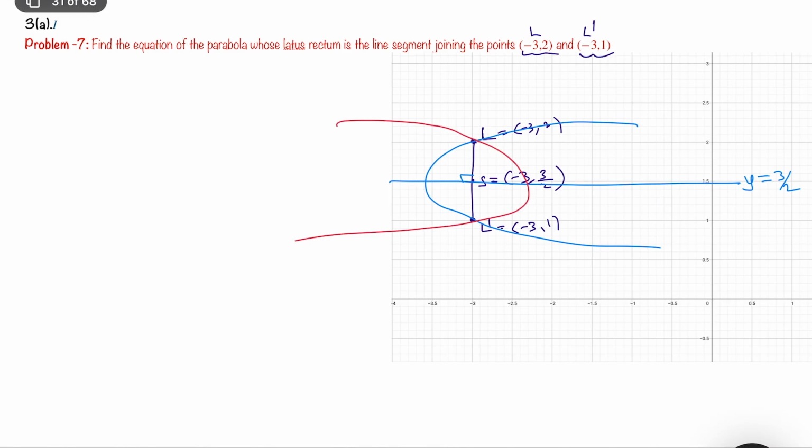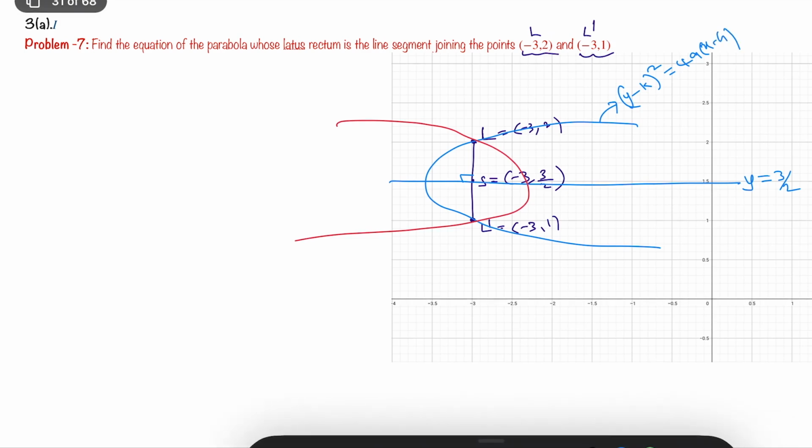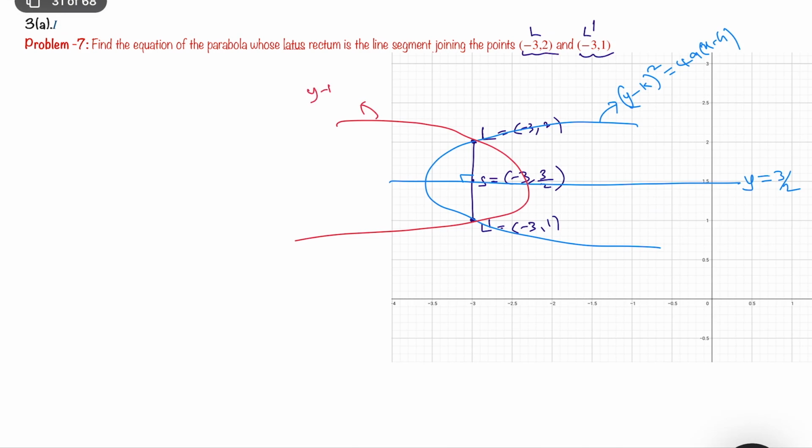In this case, the equation of the parabola will be in this form: y minus k whole square equal to 4a times x minus h. In this case, it will be y minus k whole square equal to minus 4a times x minus h.